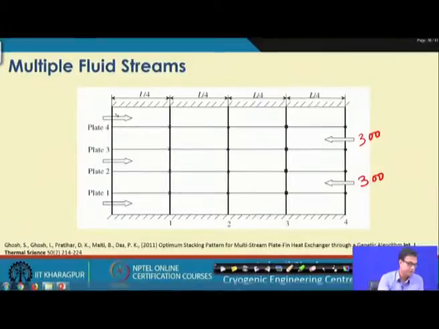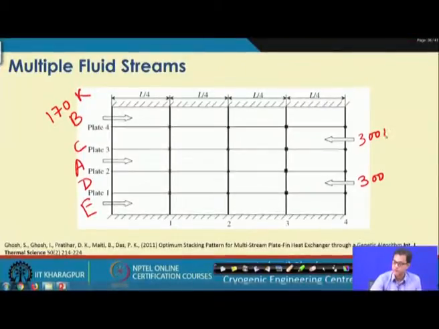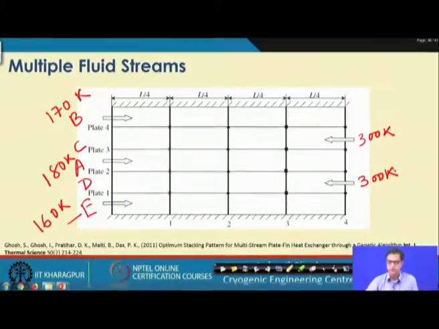The first fluid was B, then we had C, then A, and then D, and this was fluid E. So, B entered at 170 Kelvin, C was entering at 300 Kelvin, then A entered at 180 Kelvin, and E was entering at 160 Kelvin. So, this is the repetitive block in multiple layers.